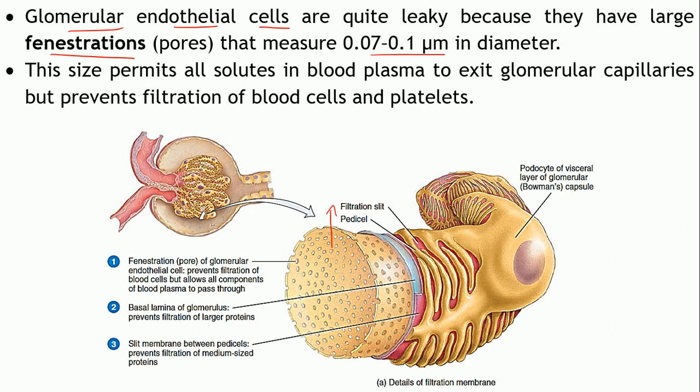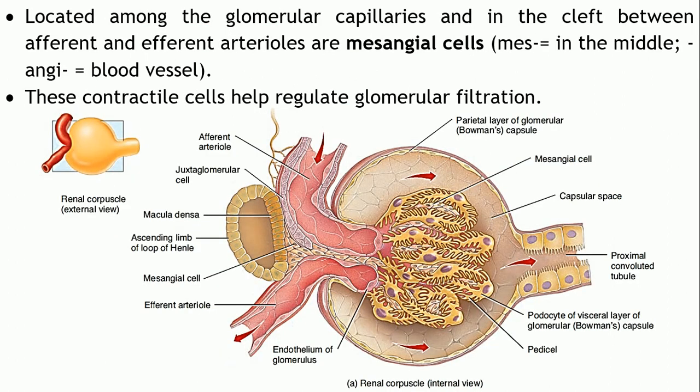Okay, but the blood cells and the platelets, will they be able to leave? No. Now, in between these podocytes and in between the blood vessels actually are present a specialized type of cells known as the mesangial cells.